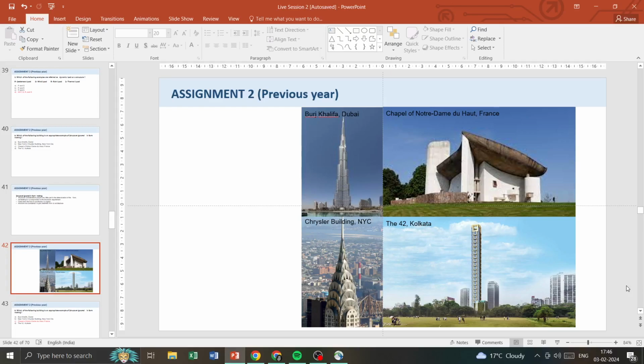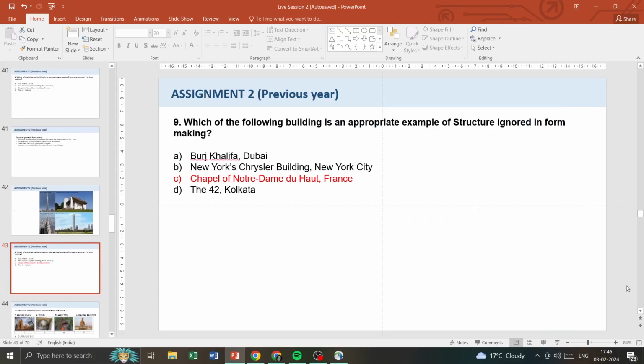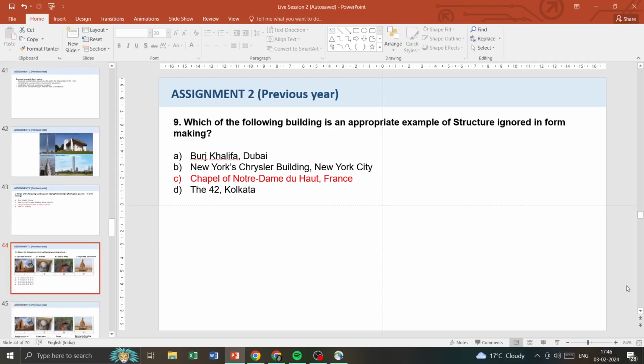The roof is not even straight. So our answer is Chapel of Notre Dame du Haut, France. It is an appropriate example of structure ignored in form making. Basically the form was important, the curves were important, and then the way around the structure was found later.